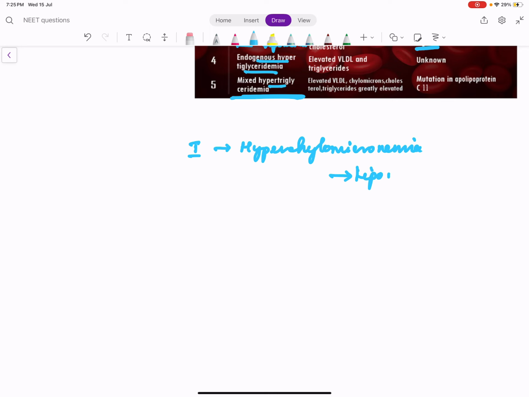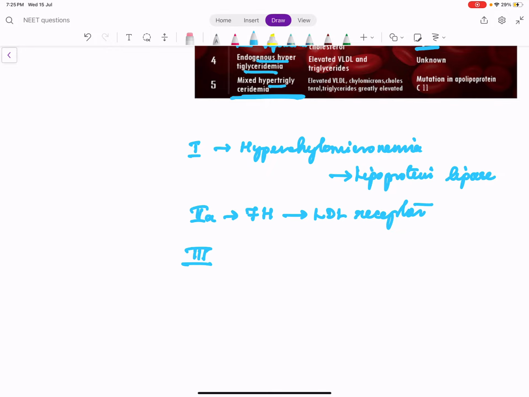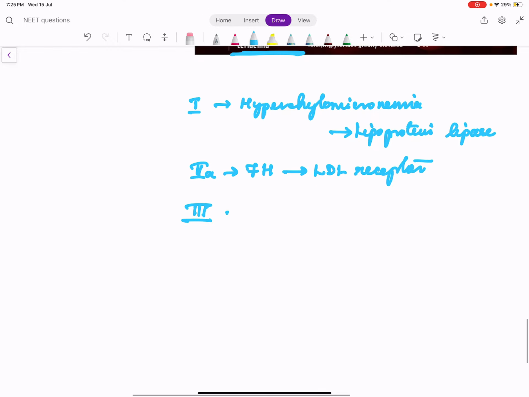The mutation is lipoprotein lipase. Type 2A is important because it is the classical familial hypercholesterolemia. The defect is in LDL receptor. Type 3, familial hyperlipoproteinemia type 3 is important. Here there is elevated IDL. Type 4 and type 5, there will be elevated triglycerides.